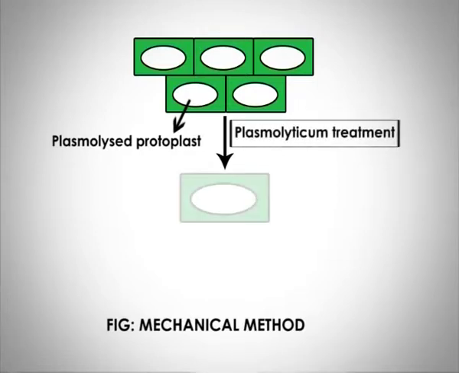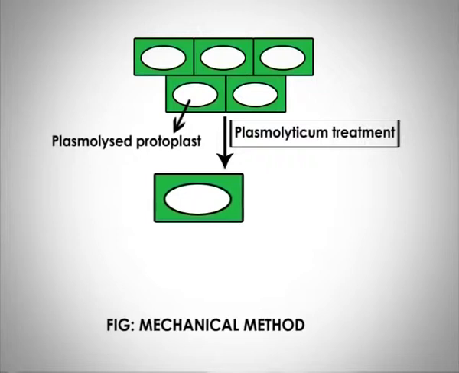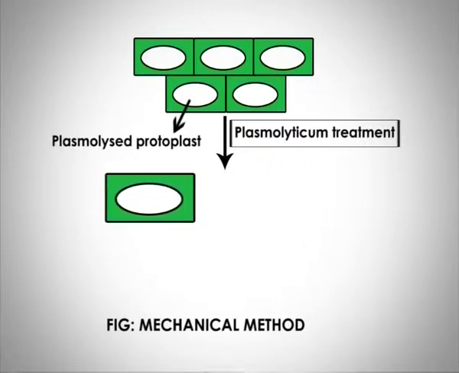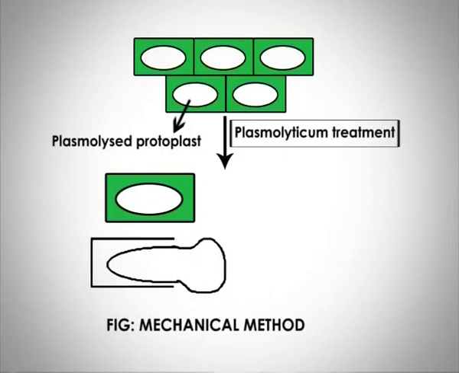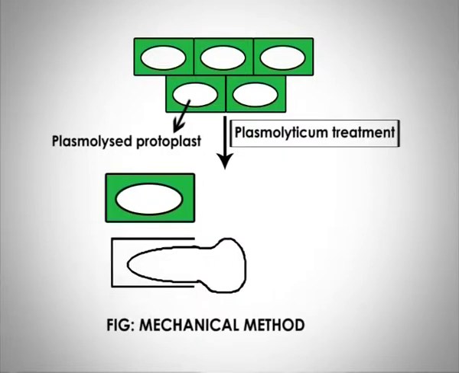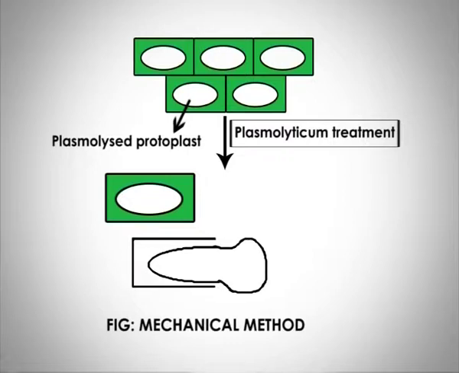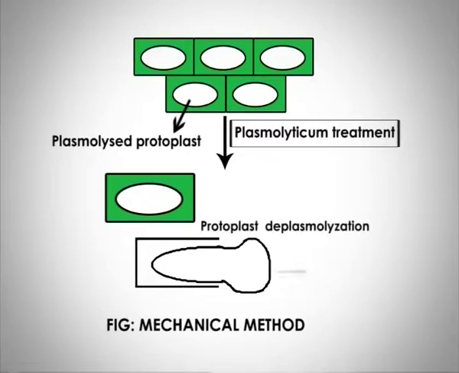This leads to the outflow of fluid from interior portion of cell, resulting in the withdrawal of cell contents into the center. Plasmolyzed tissues are then spliced into several small pieces, followed by deplasmolization, which results in the release of protoplasts.